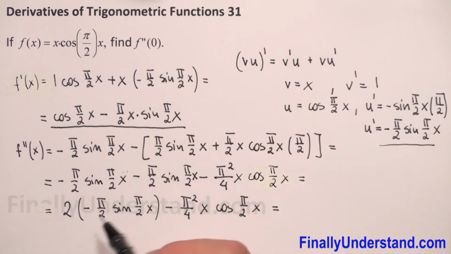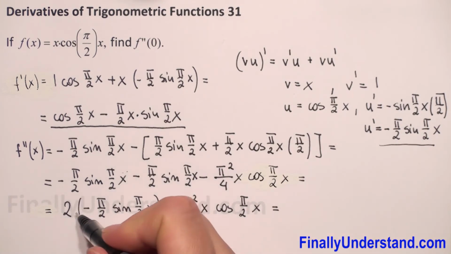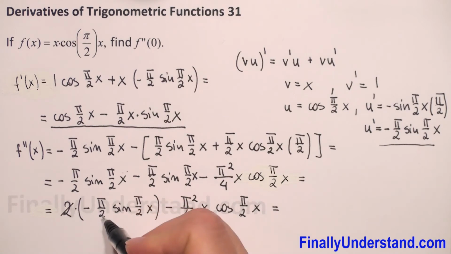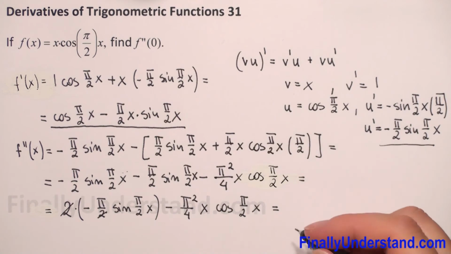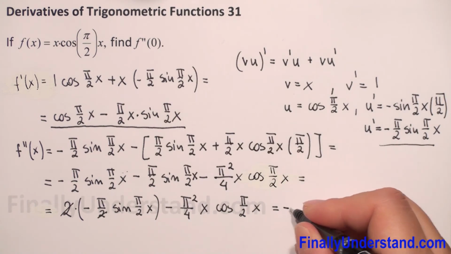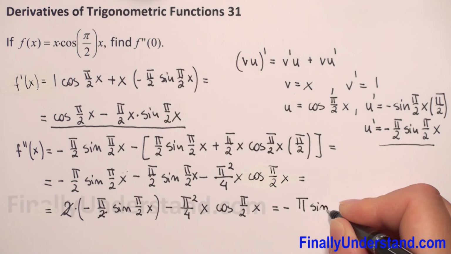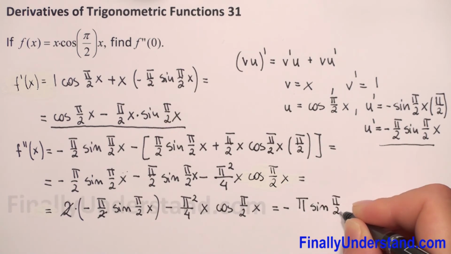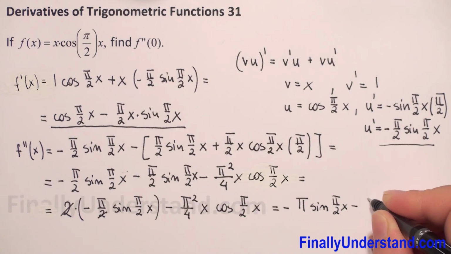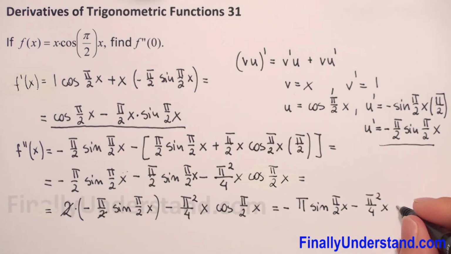So this is equal to... we can reduce, because we have multiplication here, we can reduce 2 and 2. And positive times negative is negative. It means we have negative pi times sine of pi over 2x minus pi squared over 4x times cosine of pi over 2x. This is our second derivative.